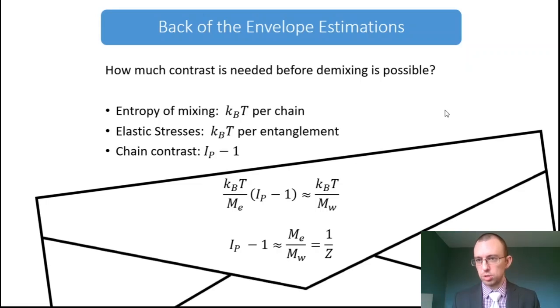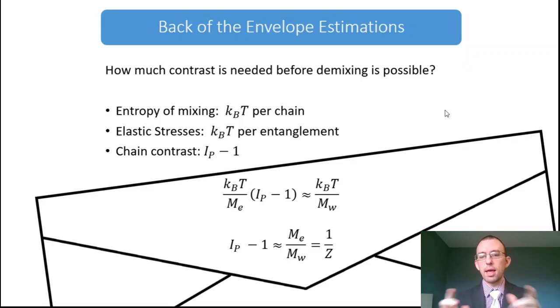Assuming that something like shear-induced demixing arises as a prediction of the model, under what conditions might we expect it to happen? The conditions would be when the elastic forces, which are the only forces that can favor demixing, since the entropic forces favor mixing, are comparable in scale to the mixing forces within the system.